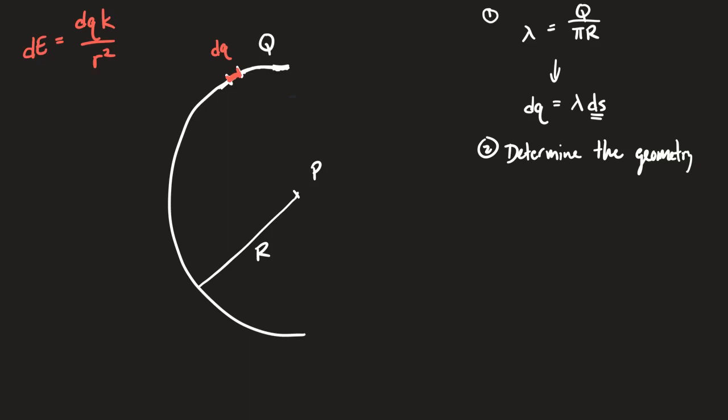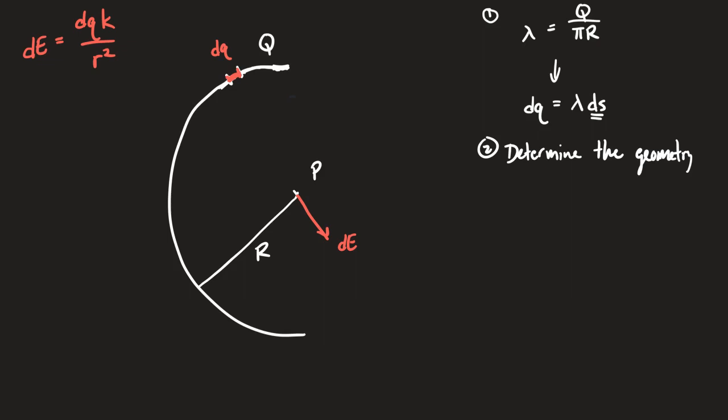And what I mean by that is this little piece of charge creates an electric field that I will call dE, a piece of the electric field.